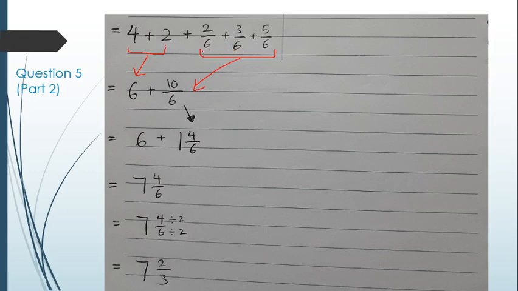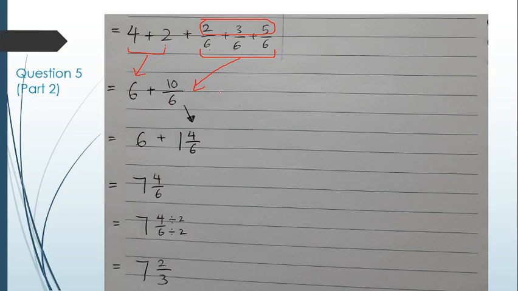Do not add up the denominator. Jangan tambah pula 6 tambah 6 tambah 6. Tidak, 6 ini tidak berubah. Yang ditambah hanyalah nombor di atas, numerator. So you will have 6 plus 10 over 6.